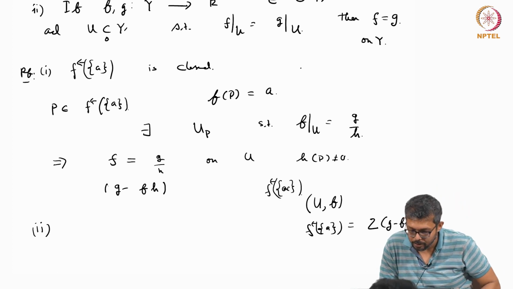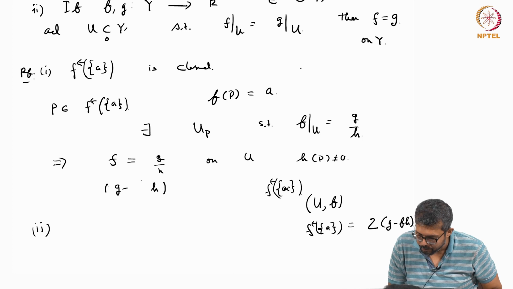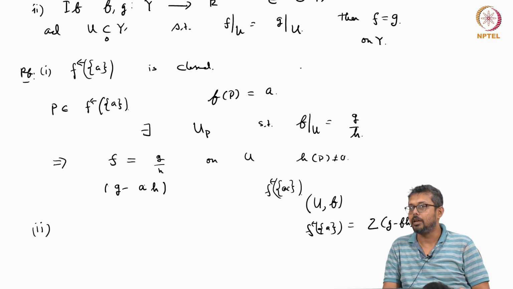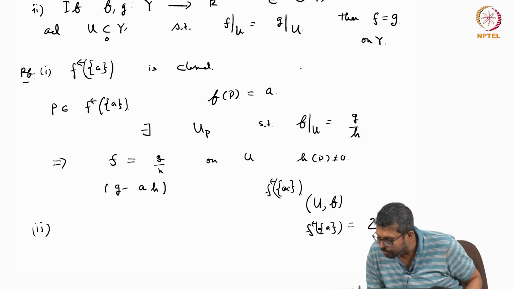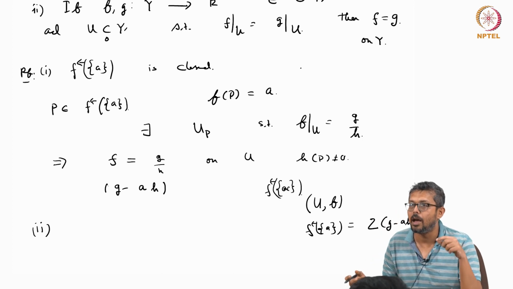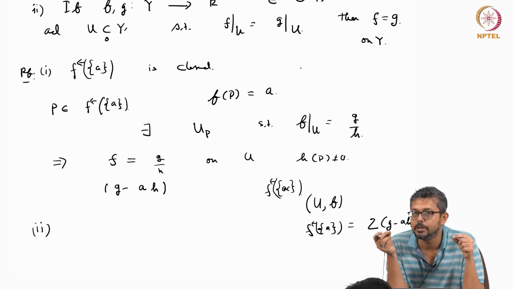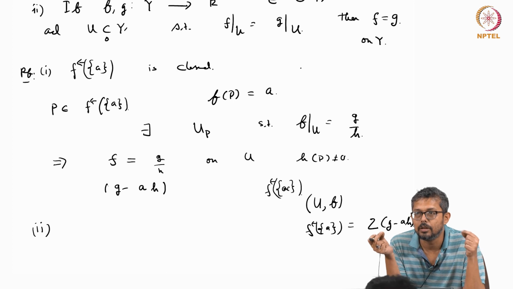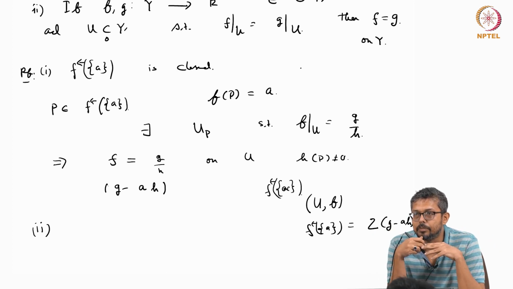Sorry, not f h. Since f is equal to g by h, it is A. g is a polynomial, h is a polynomial, and they are all continuous functions. So g minus A h is a continuous function. Now consider the zero set of it. So f inverse of A is closed.